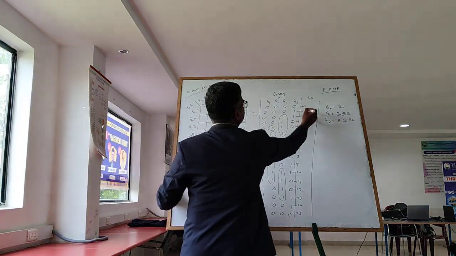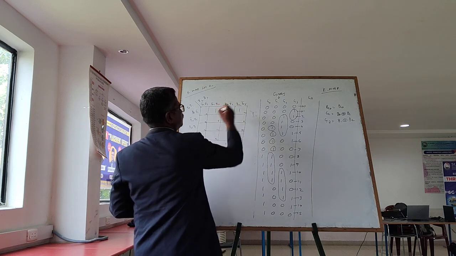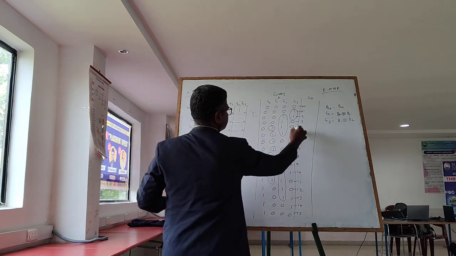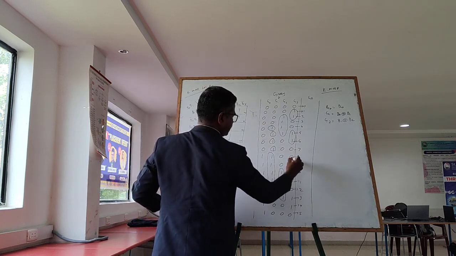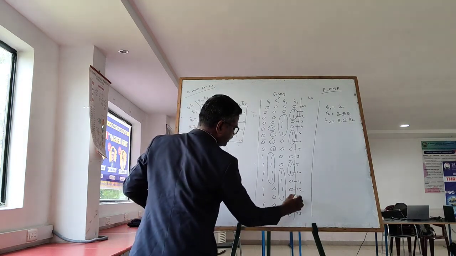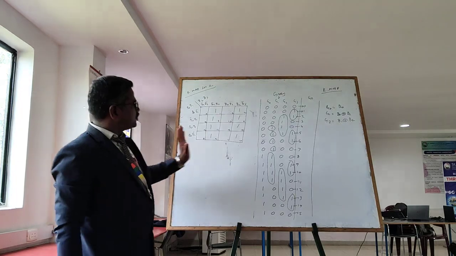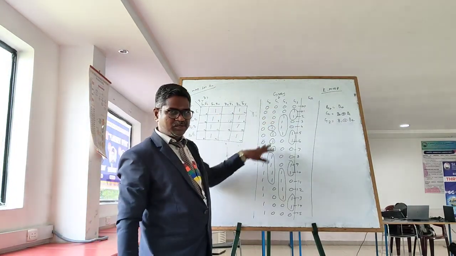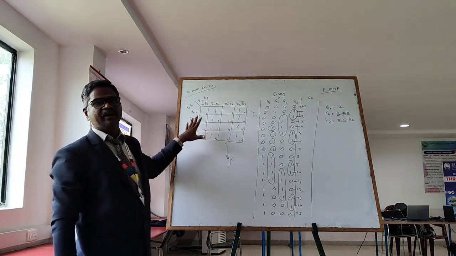In 1, 2 I have 1 present, so 1, 2. Then 5, 6. Then 9, 10. Then 13, 14. Right? So you just check in the truth table. Wherever 1 is present, just place the 1 in the K-map.